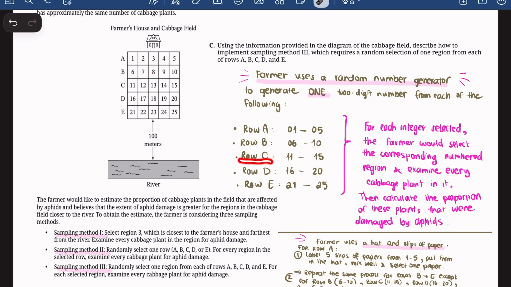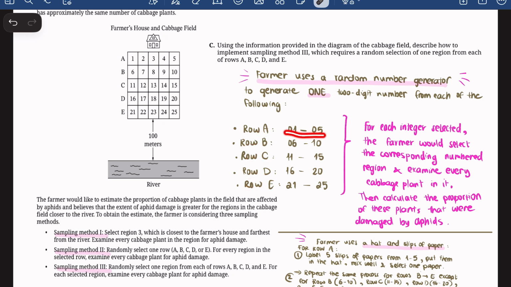Same thing with row C. You're going to ask the random number generator to generate for you one two-digit number between 11 and 15. Let's say it generates 14. So the farmer is going to take region 14 and examine every plant in region 14. So this process is going to be repeated for rows A, B, C, D, and E. Of course, with different numbers.